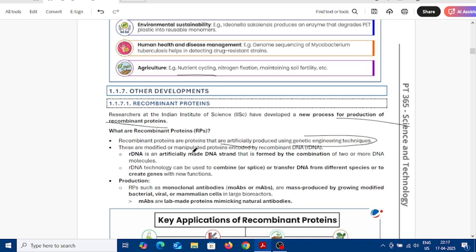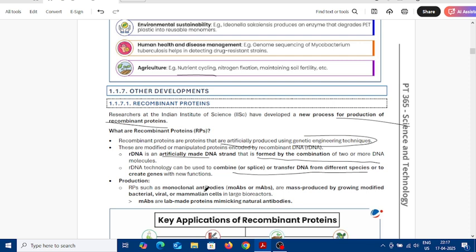So rDNA is an artificially made DNA strand that is formed by combination of two or more DNA molecules. rDNA technology is used to combine or transfer DNA from one species to create genes with new functions. Production.